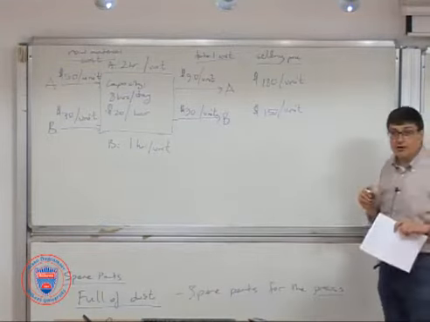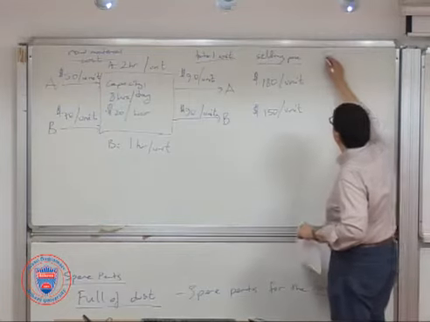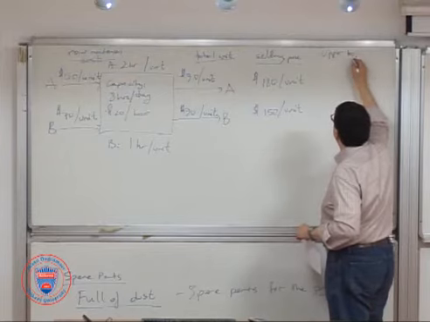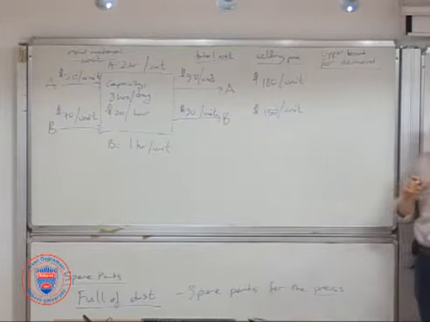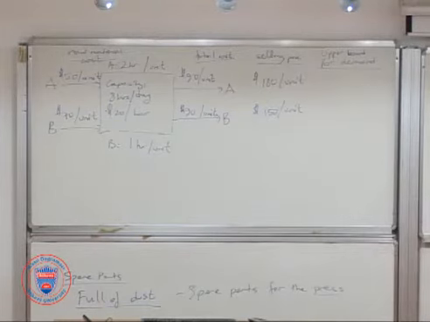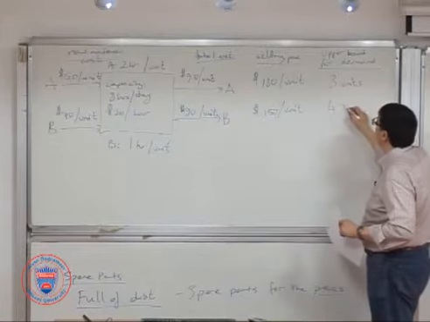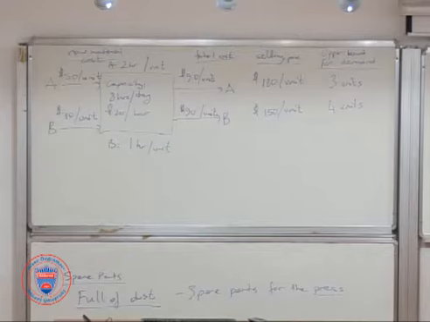And moreover, of course, in order to make the problem realistic, I have the upper bound for demand. In other words, the most quantity that you can sell. This is going to be 3 units for A and 4 units for B. Of course, these are daily numbers of units.